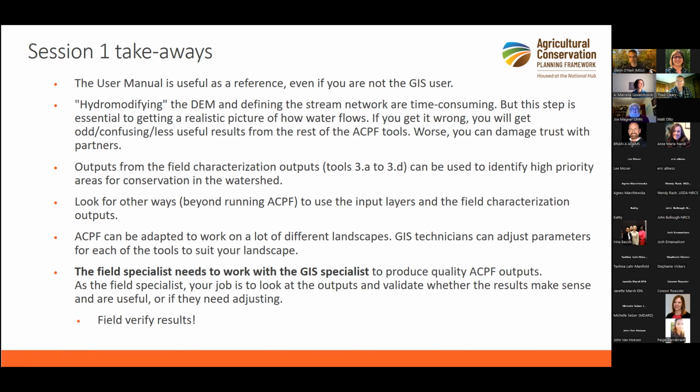So you'll need to pay attention to that. And I say that it's not just for the GIS technicians. The GIS specialists really need to be working with somebody who understands the landscape, field specialists like yourselves, like most people that are in this room today. So it's a back and forth between the GIS person and the field person.